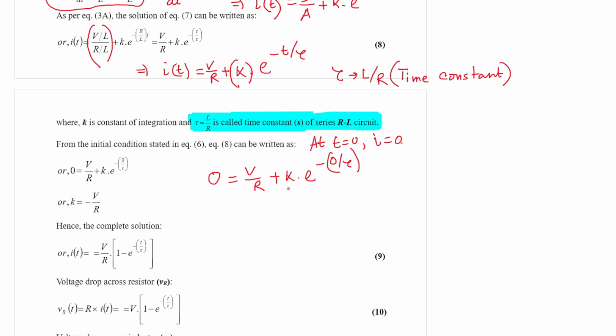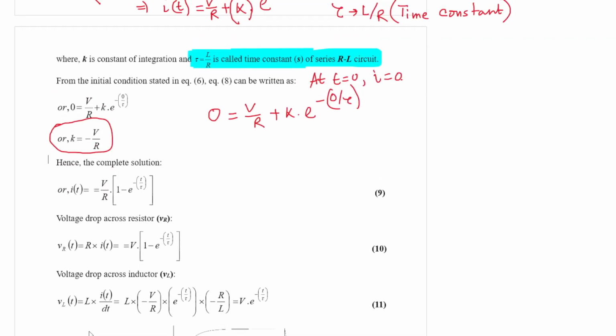If you solve this equation, you will get K is equal to minus V by R. So overall the expression for i(t) becomes V by R into 1 minus e to the power minus t by tau. This is the overall expression of the current flowing through the inductor.